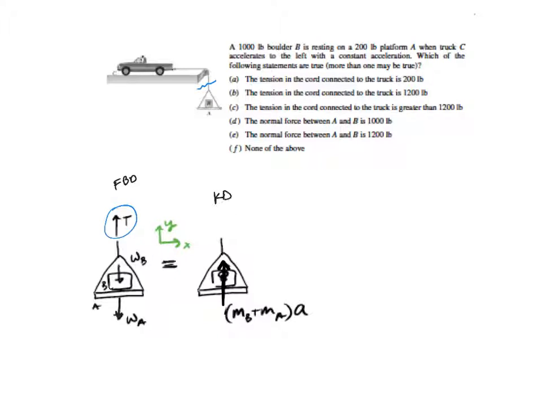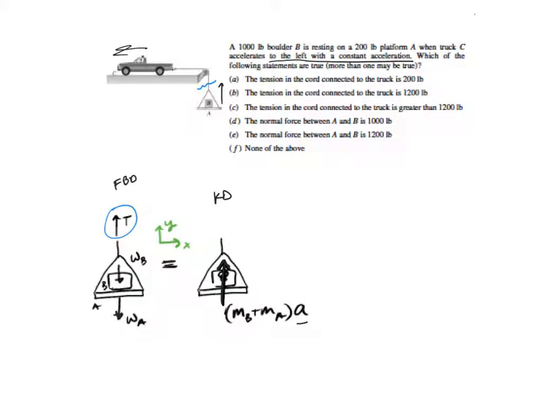The kinetic diagram forces are going to be the mass times acceleration. We're told here that the truck accelerates to the left with a constant acceleration, and therefore we would have an acceleration upwards of the boulder platform combination.